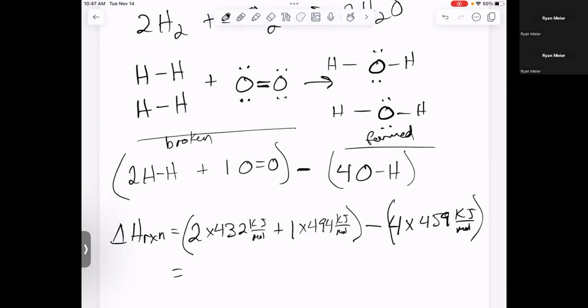So punching the numbers in, 2 times 432 plus 1 times 494 minus 4 times 459. And it looks like it's negative 478 kilojoules per mole. That is now my delta H for that reaction.